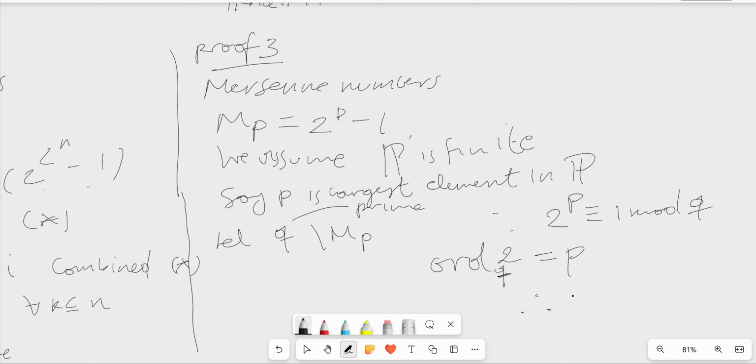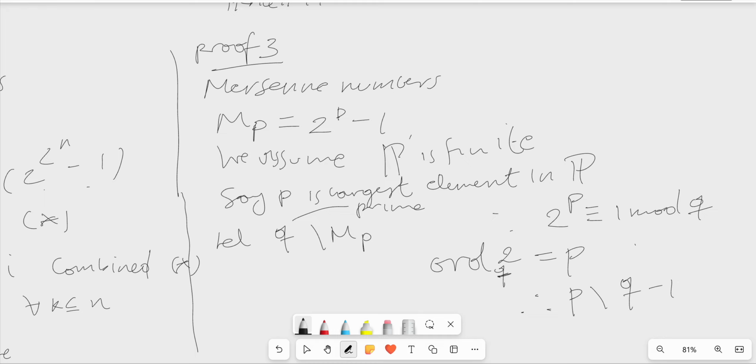Therefore, P divides the size of the multiplicative group, the invertible remainders, which has size Q minus 1.